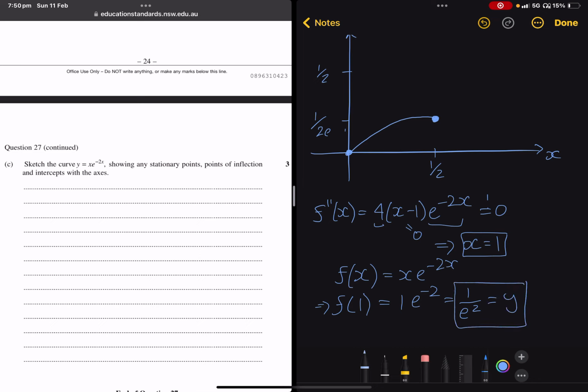Now this is a smaller number than 1 on 2e. It's sort of maybe 2/3 of it. You could get a calculator and evaluate these, but it's sort of going to be here somewhere. 1 on e squared will be over here. So we have the point of inflection here.